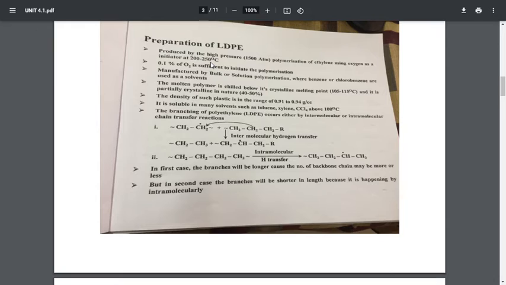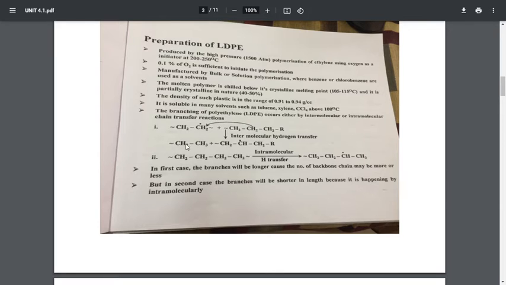So what is intermolecular chain transfer? When there are two growing polymer molecules, two different chains, there is a transfer between these two chains. In this case, this H is going here, and this gets all its valencies satisfied as CH3, and the free radical site is getting stabilized.